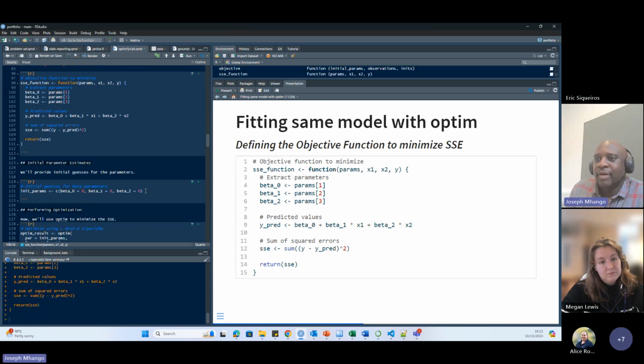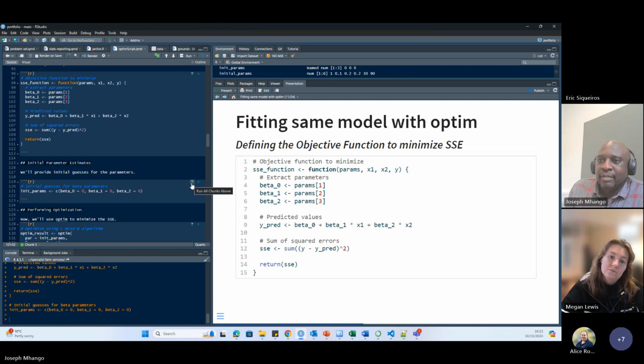And for optim, you have to tell it where to start. So you have to give it some dummy coefficients. So I just gave it zeros. I just said beta 0 is equal to 0, beta 1 is equal to 0, beta 2 equal to 0. And those are the initial parameters.